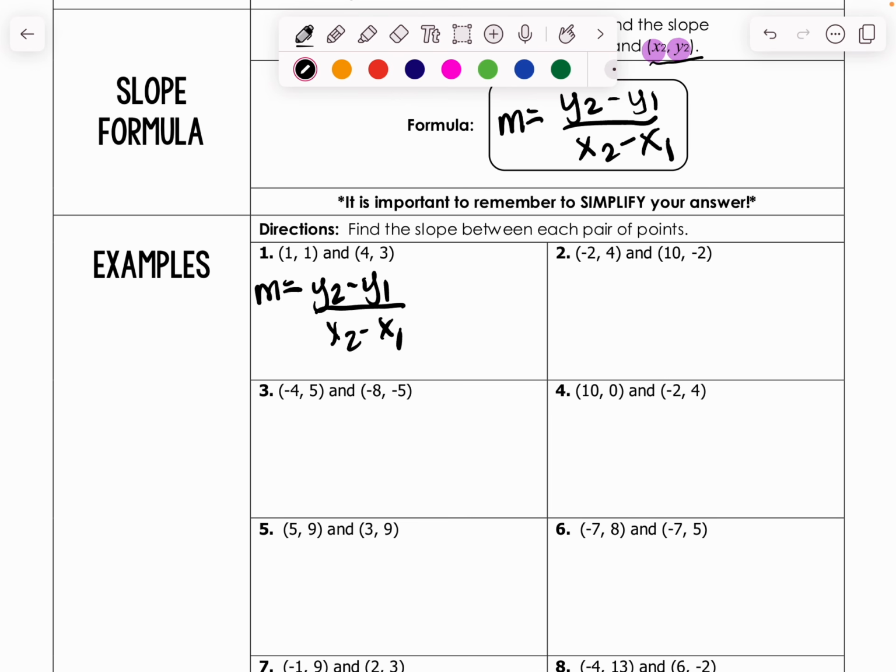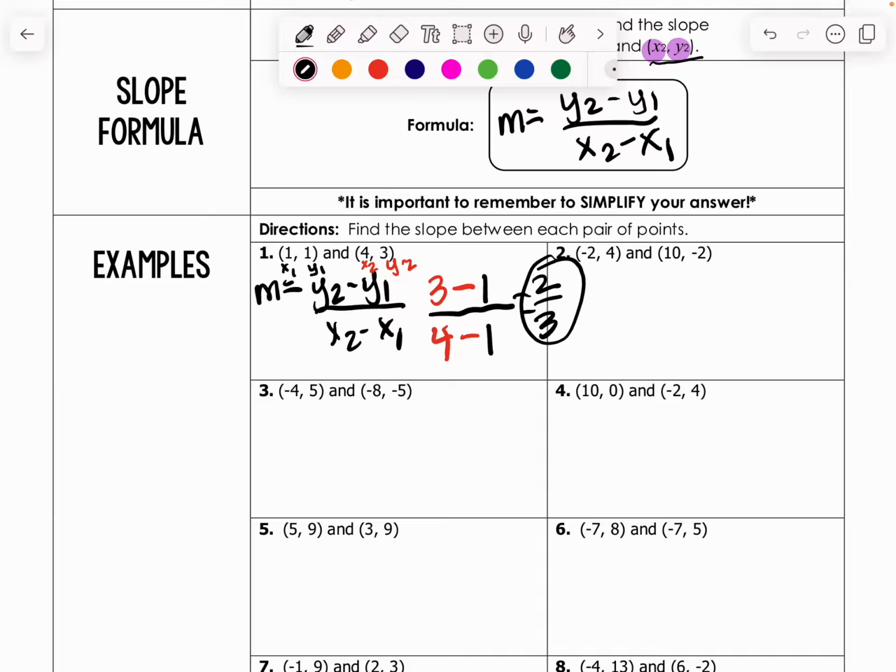So I am going to label these x1, y1, and then x2, y2. Okay, so my y2 is 3 minus my y1 is 1 all over my x2 is 4 minus my x1 is 1. So I get 2 over 3, and that's the slope.